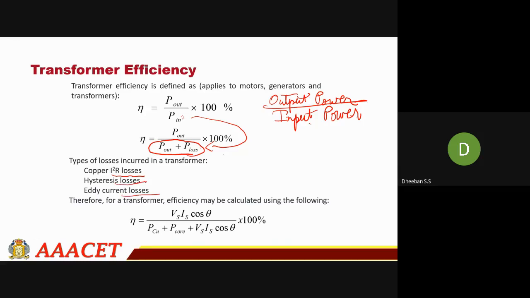Upon applying from the previous conditions, you will get the efficiency like this. These are the losses: copper loss and core loss. The core loss contributes the hysteresis and eddy current losses.